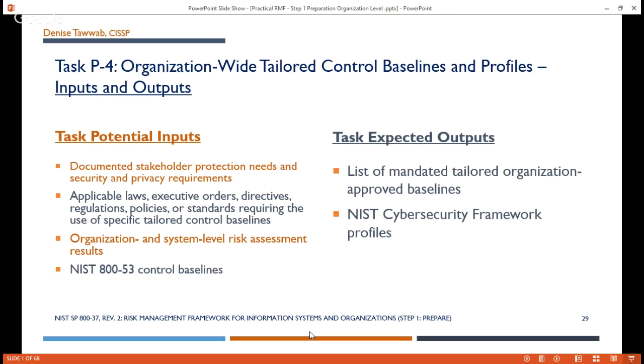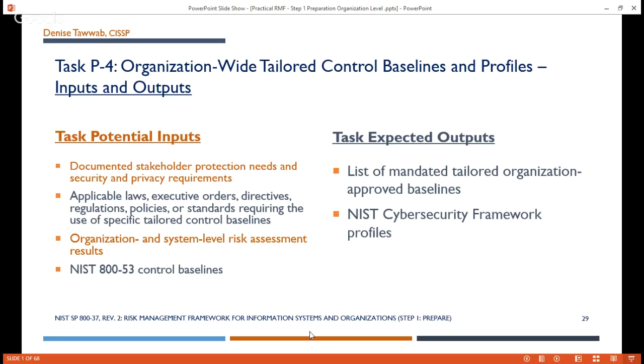Inputs to your control baseline tailoring step are going to be your documented stakeholder protection needs and the security and privacy requirements, any laws, executive orders, directives, policy standards that impact the controls that you need to use, your organization and system level risk assessment results, and the NIST 800-53 control baselines.